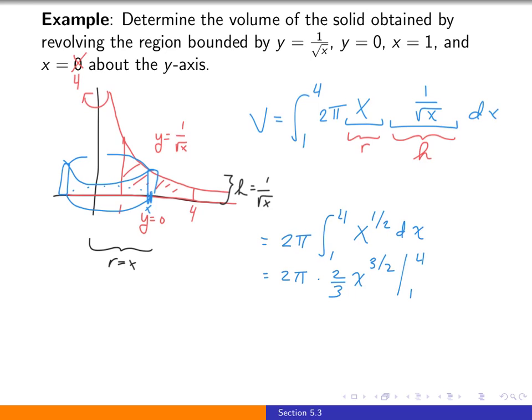So 2 pi times 2/3 is a constant, 4 pi over 3. We plug 4 in for x to the 3/2, that would be the square root of 4, which is 2, cubed is 8, minus 1. So we have 7 times 4 pi over 3, which is 28 over 3 times pi. And that represents the volume of this solid of revolution.